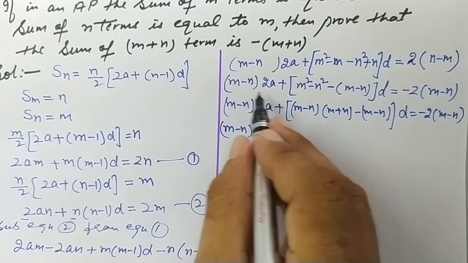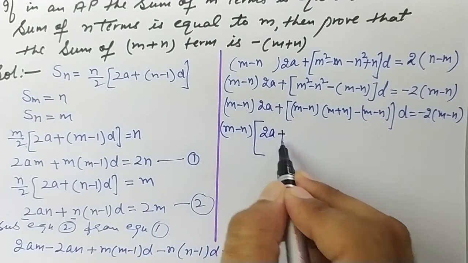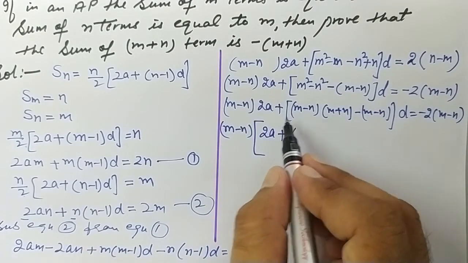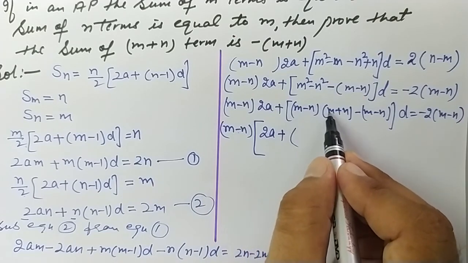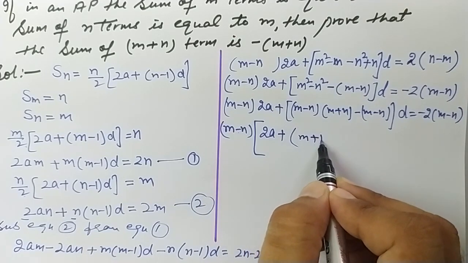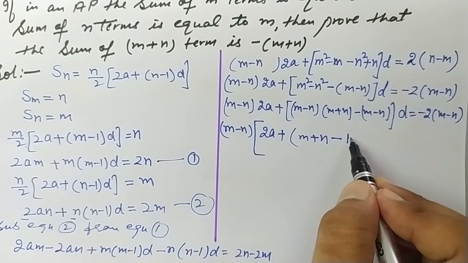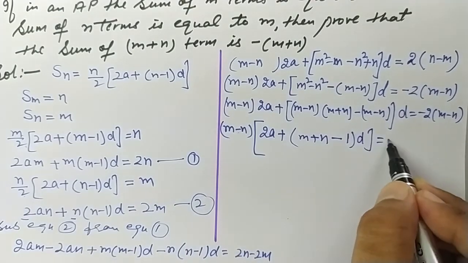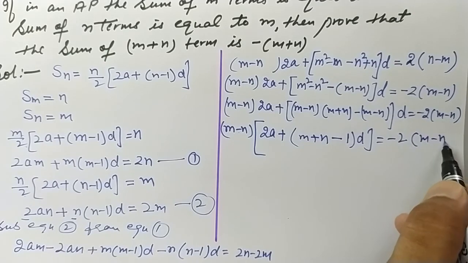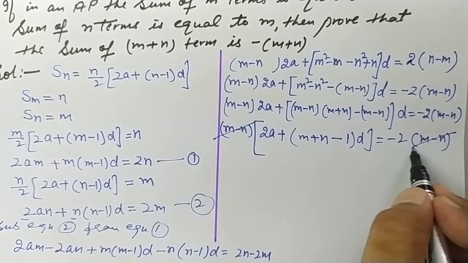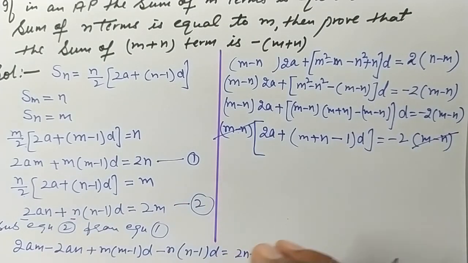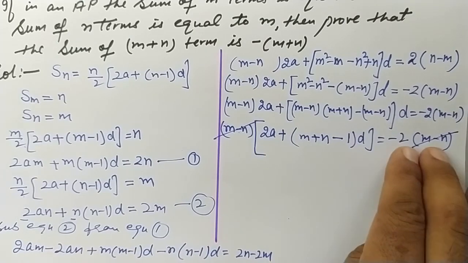So here what is left is only 2a plus, and m minus n taken common, so what is left is m plus n minus 1, and d is outside. So minus 2 into m minus n. Here m minus n can be cancelled, so it is left with this only.